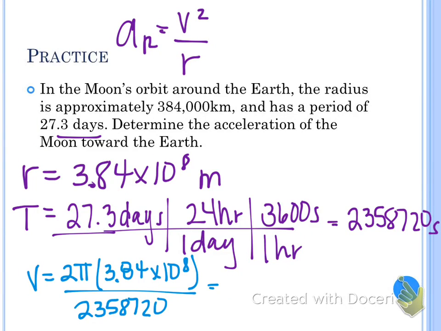So I got a velocity equal to 1,023 meters per second. Yeah? Yeah, okay. From there, we're going to plug that in our centripetal acceleration equation.